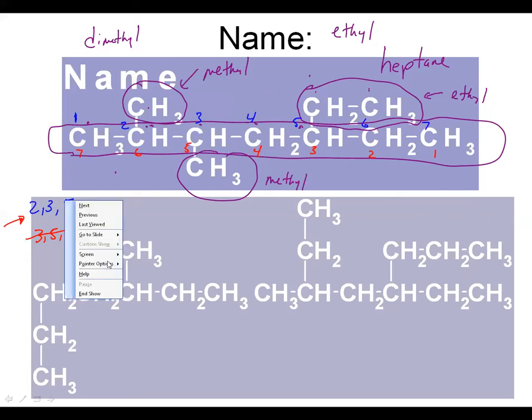So if we do that, we will then get the methyls at carbon number 2 and 3. So again, 2, 3 dimethyl. Our ethyl group would be at carbon number 5. So again, E before M here. So the name here, putting all that together, let's go down here, I think.